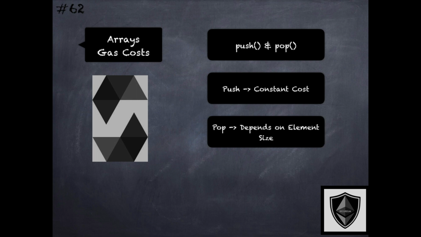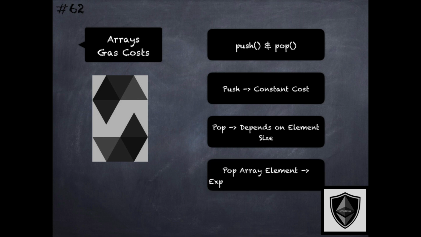Whereas if you use pop on such arrays to decrease the length of the array, then the gas cost associated with that operation really depends on the size of the element being removed. If the element being removed happens to be an entire array, then it can be very costly because it really includes explicitly clearing the removed elements, which is similar to calling delete on each one of them.